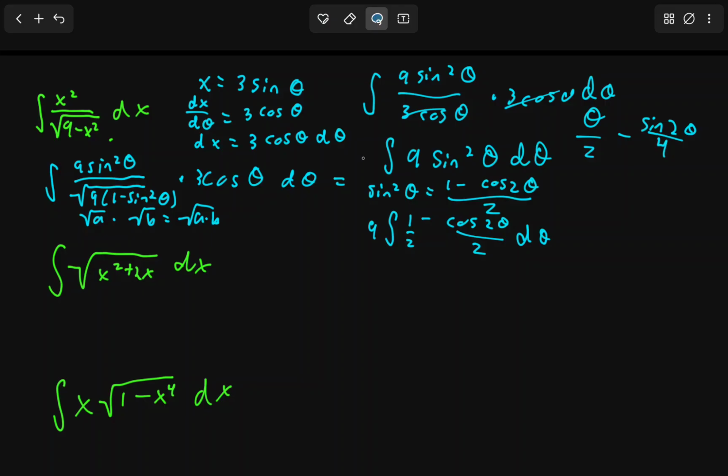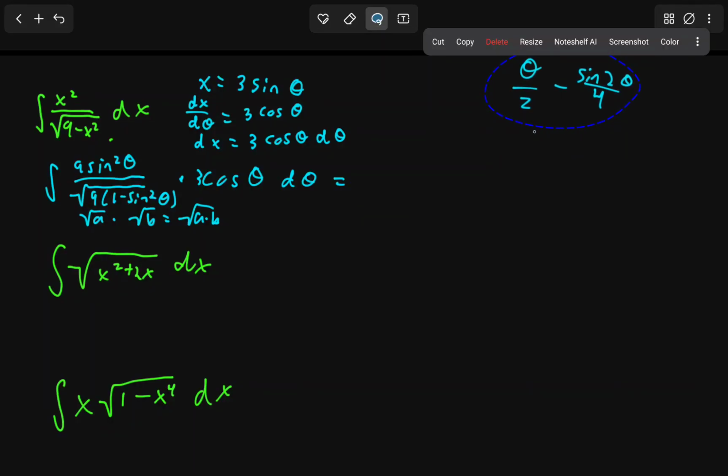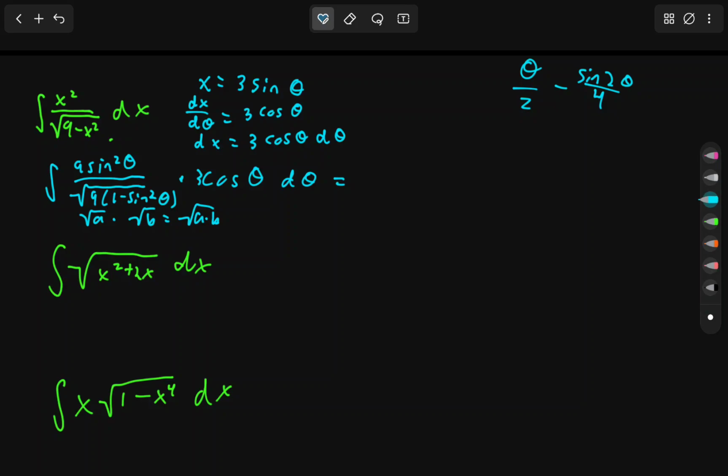All right, now we have to get things back into terms of x's, so we have to solve for theta in terms of x's, and we use the original substitution to do that. So we get x over 3 is equal to sine of theta. That means theta must be equal to sine inverse of x over 3. We can now substitute this back into our integral.